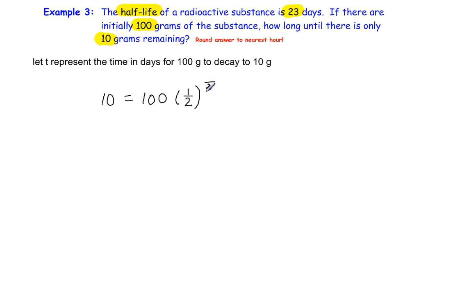So every 23 days is another half of the substance decaying. So we have to divide the time by 23. And if you think about this, at 23 days, if T is 23, you have half left, because 23 over 23 would be 1. So 1/2 to the exponent 1 would be 1/2, and 1/2 of 100 is 50. So you go from 100 to 50 grams in 23 days.